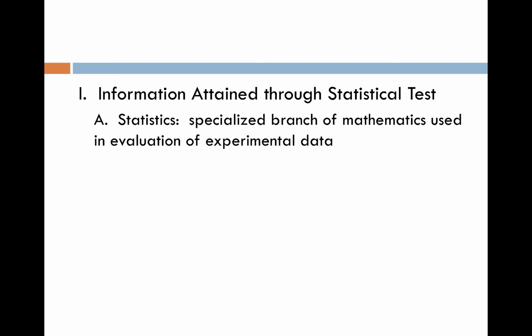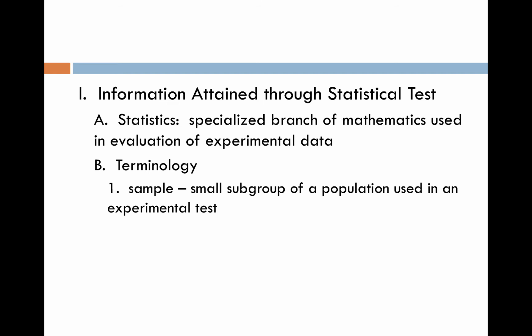I'm going to cover some very basic terminology with you first. Okay, so your sample is just a small subgroup of a population that's used in an experimental test. And then your mean is the average value of a group of measurements.